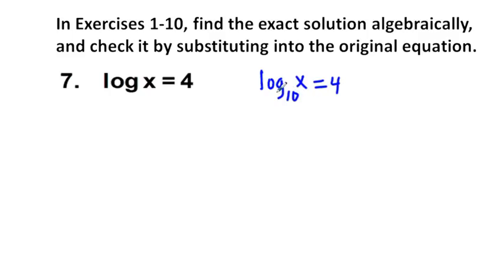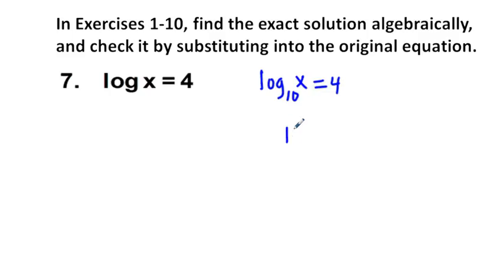So this expression here, log base 10 of x equals 4, is saying 10 to the power of 4 equals what number? Now, if we had log of a number equals x, then it would be 10 to the power of what equals that number. And so we can rewrite this logarithmic equation as an exponential equation by doing this.